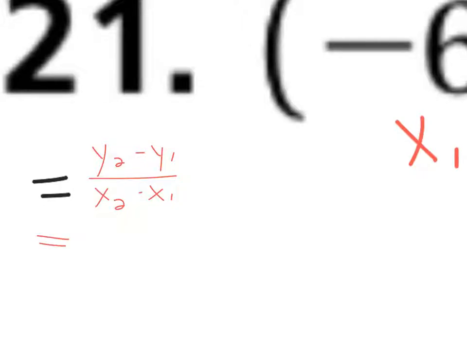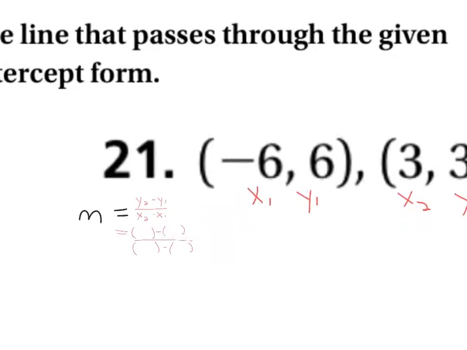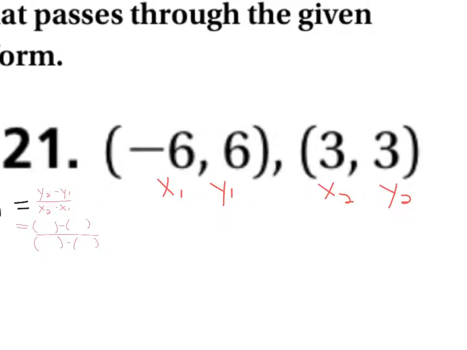Now when I'm zooming out, I can say, okay, y2 is 3, x2 is 3, y1 is 6, and x1 is -6.